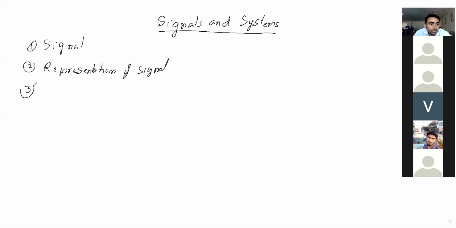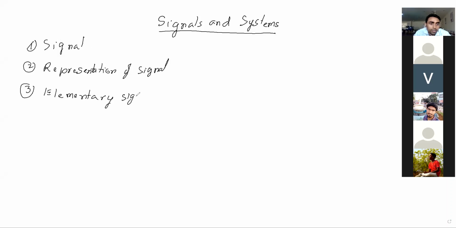I have taught some of the elementary signals. Elementary signals means some basic signals which we should know. We should know the form: there is functional representation as well as graphical representation.